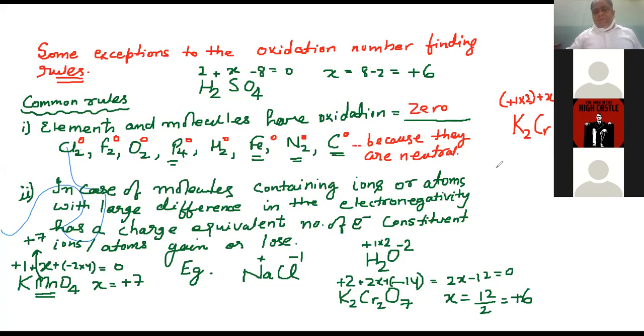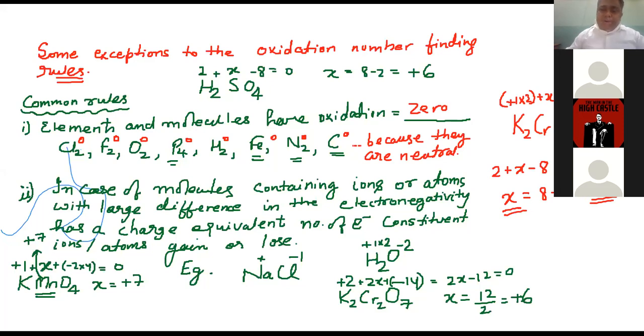So it will be equal to 2 plus x minus 8 is equal to 0. So x is equal to 8 minus 2 is equal to plus 6.